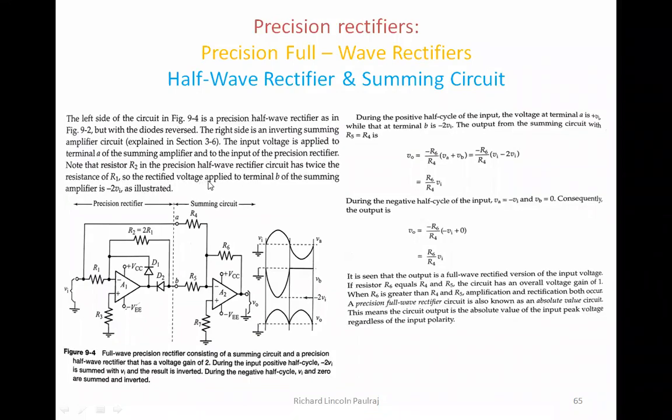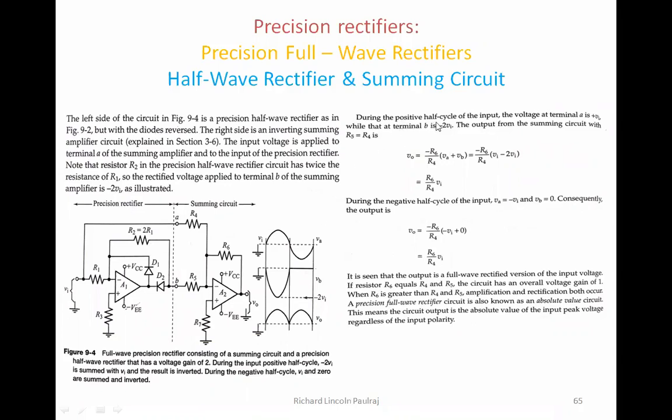So the rectified voltage applied to terminal B in the amplifier is minus 2 times VI. As you can see, it is doing the amplification with the help of resistance R2. So hence it is 2 times VI. If you make it 3, then it becomes 3 times VI.